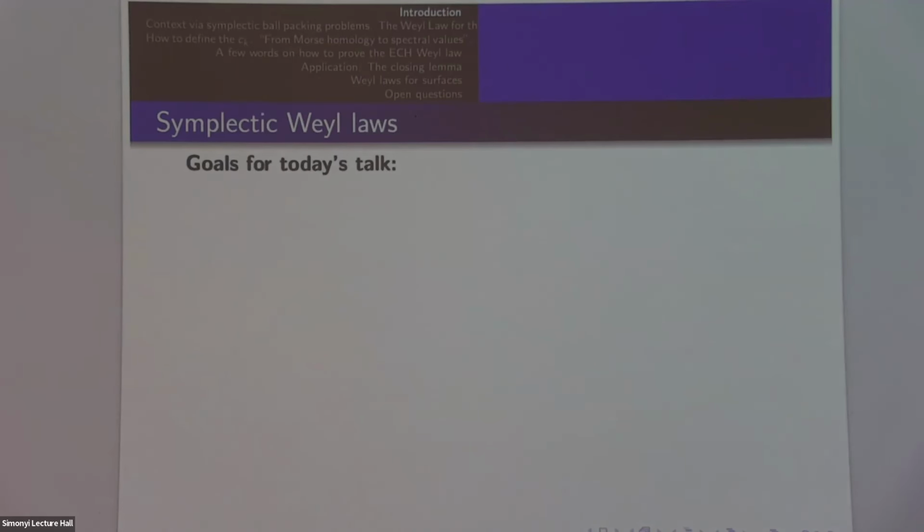Today I want to tell you about some symplectic analogs of Weyl's law. In some sense, this is still a developing story. At the very end, I have some open questions, and we do know some symplectic analogs, but we'd certainly like to know more.